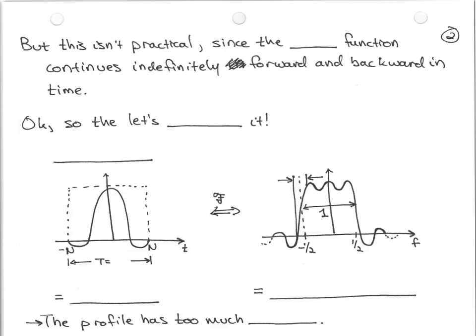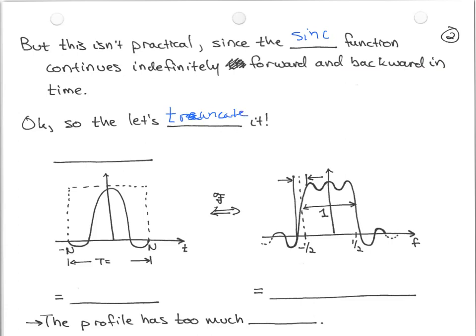Unfortunately, as much as we would like to generate this slice profile, it just isn't practical, since the sinc function that we have to use for B1 of t continues indefinitely forward and backward in time, that is for positive and negative time. So one thing you can do is just truncate it.